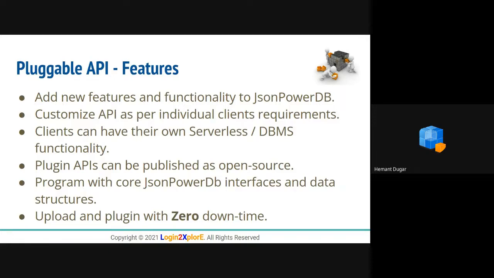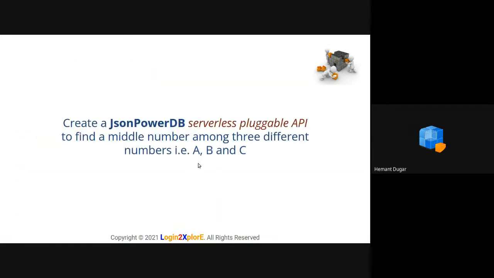We will see this today with a small example. Although that example is not accessing the database interface and functionality of JSON Power DB, we are just making a simple serverless pluggable API.